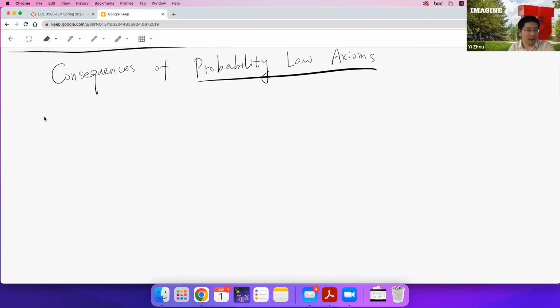So let's consider a bunch of events that we picked from the sigma algebra that we have. Suppose you consider a random experiment.